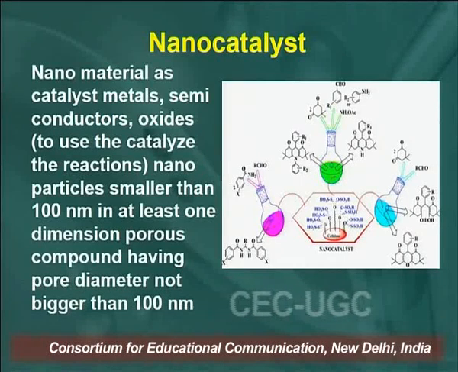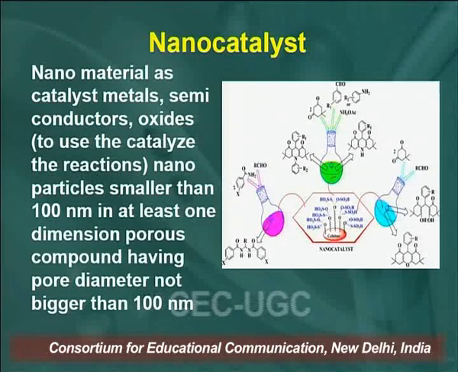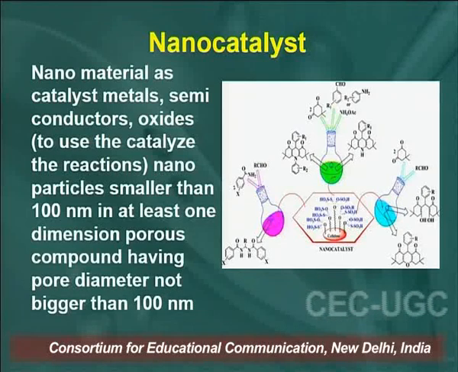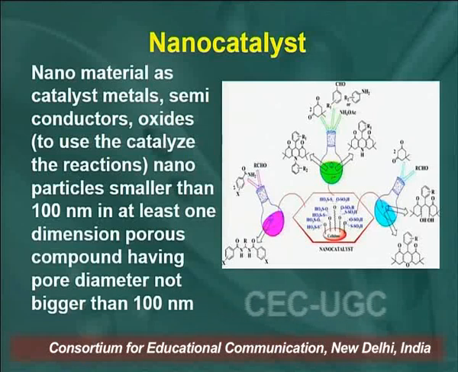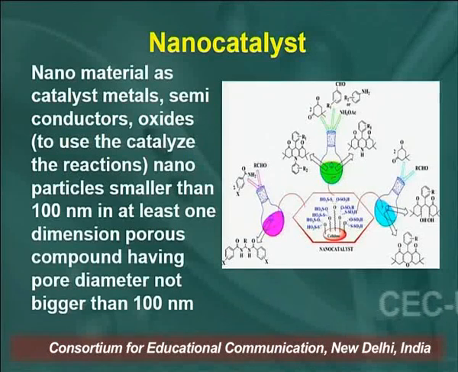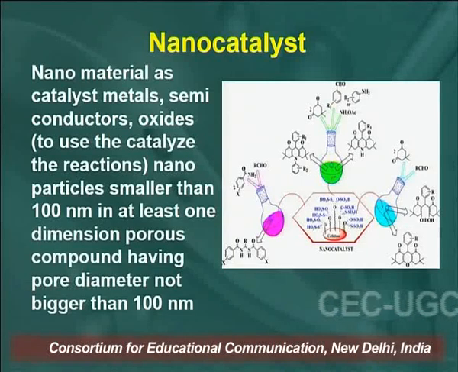Nano materials as catalysts, such as metals, semiconductors and oxides, are used to catalyze reactions. And learners, nanoparticles or nanomaterials are smaller than 100 nanometer in at least one dimension, and porous compounds have pore diameters not bigger than 100 nanometer.